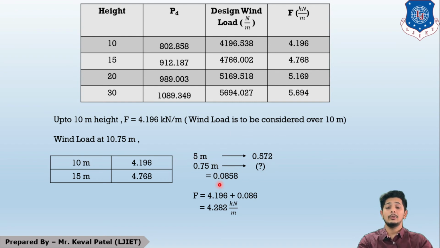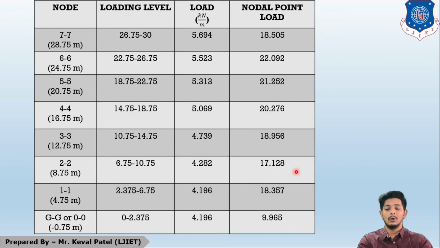The gap is 0.0858, and this gap should be added to the value of 10 meter because 10.75 is greater than 10 meter. 4.196 plus 0.0858 becomes F as 4.282 kilonewton per meter. So my first value for 10.75 meter is 4.282.